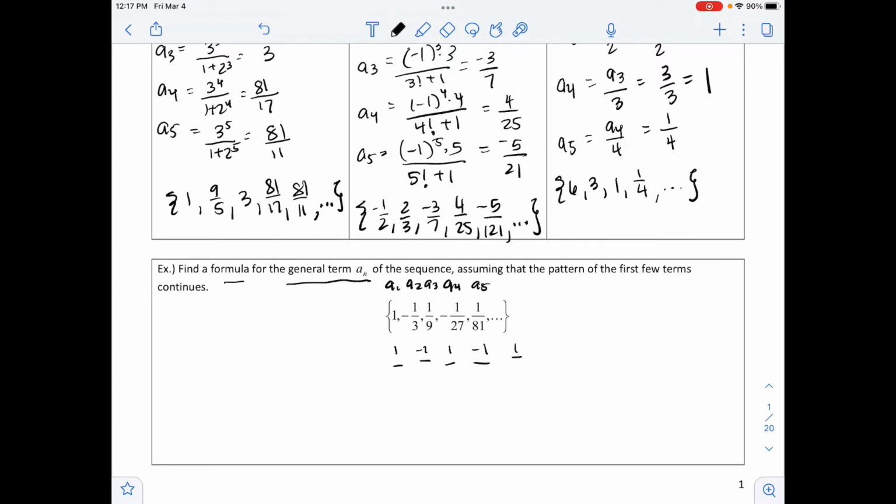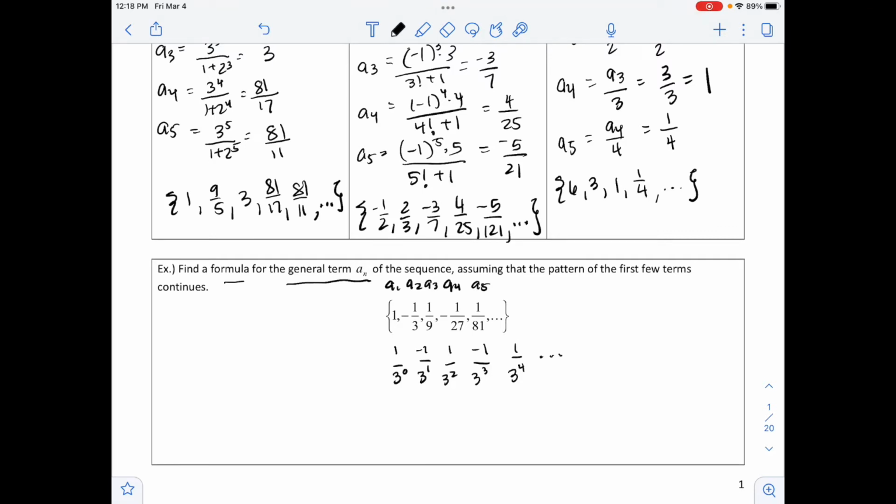The denominator, I'm noticing that we have powers of 3. So this would be 3 to the first, 3 to the second, 3 to the third, 3 to the fourth, and again so on. That first term though, I don't see a 3 in there, but if I were to rewrite this as 3 to the 0 power, which is just 1, that would be 1 over 1, which equals 1.